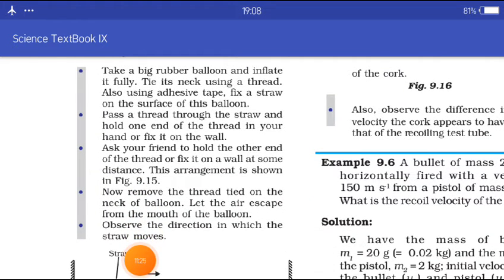Pass a thread through the straw and hold one end of the thread in your hand or fix it on the wall. Ask your friend to hold the other end of the thread or fix it on a wall at some distance. This arrangement is shown in figure 9.15.